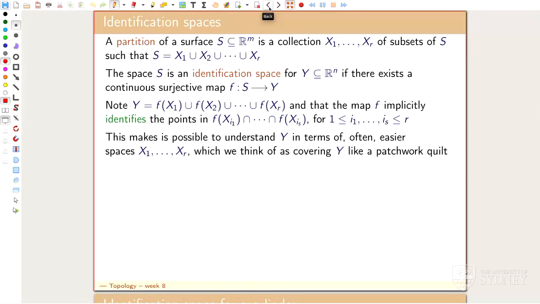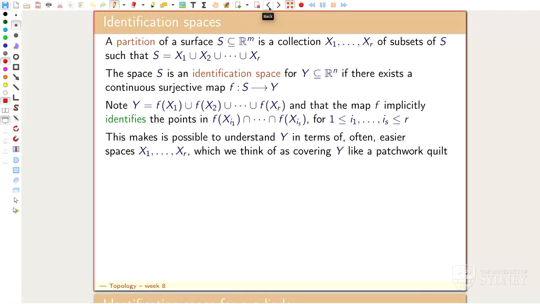Here comes the main idea. I write it down as usual in math, and then we'll have a look at examples. The main idea is the following. Instead of studying a surface where all the complexity comes from its global structure, it's somehow easier to study the patches on the surface. Instead of looking at the pair of pens, I look at the patches of the pair of pens.